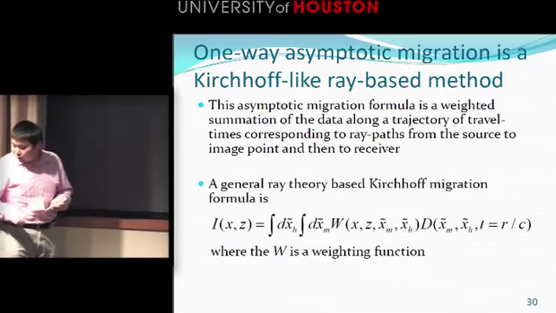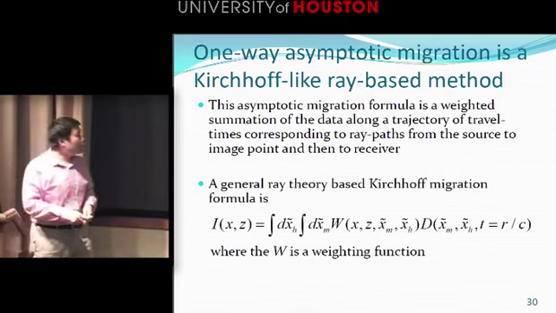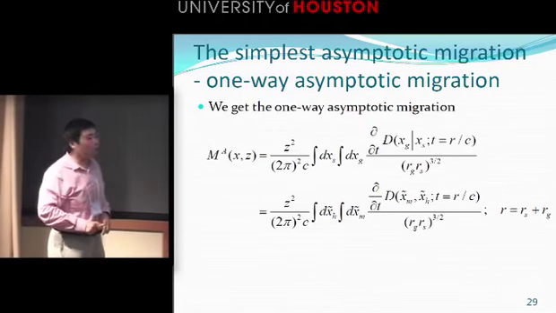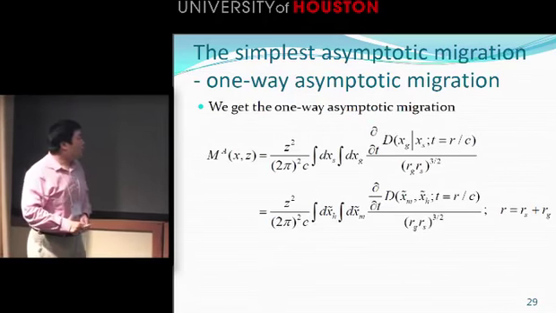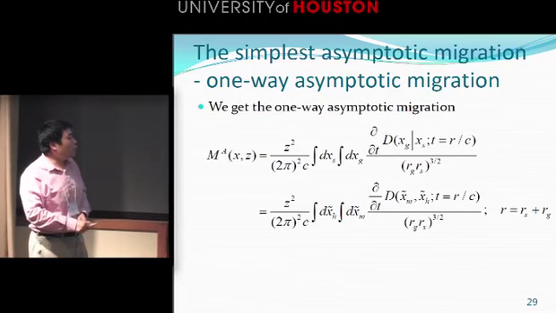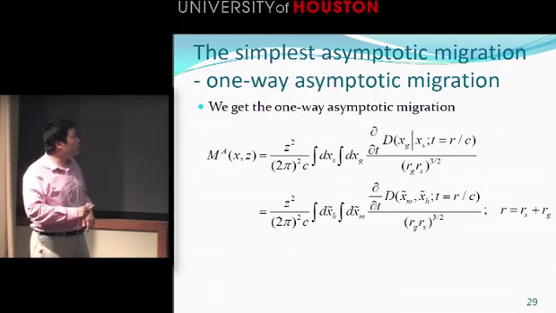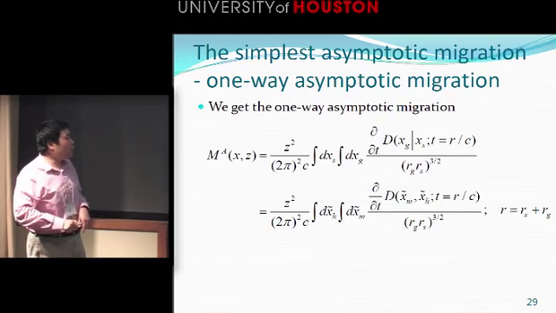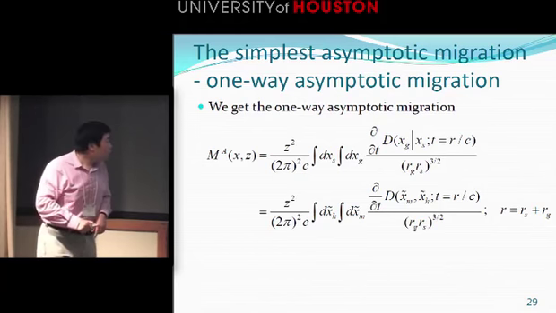If we look at this formula, it's kind of familiar, right? We look at the data. This data is, in fact, the data over some trajectory or travel-time curve. T equals R over C. R is the ray path from the source to image point and image point to receiver.